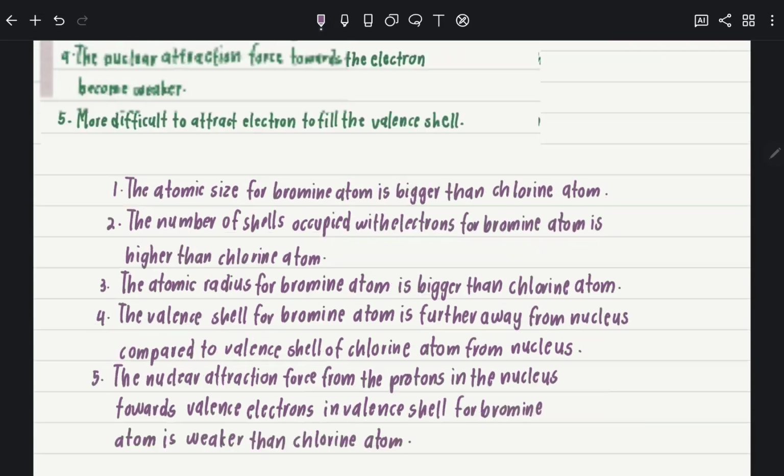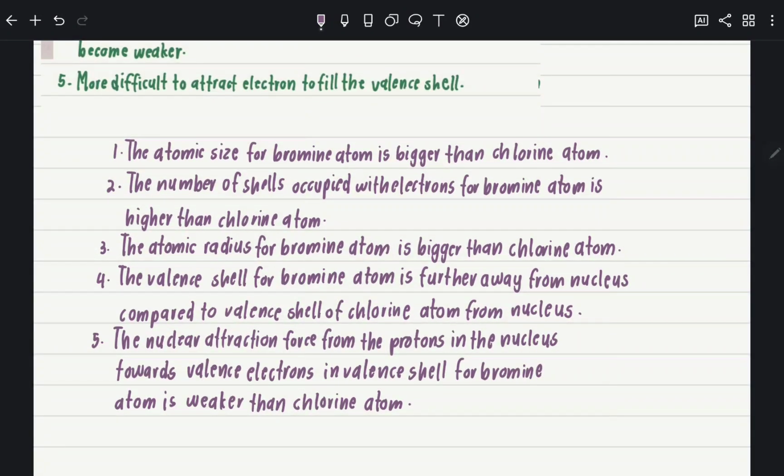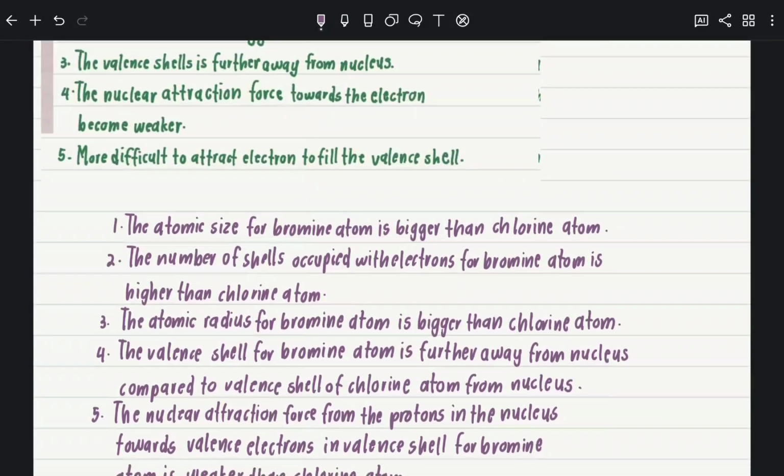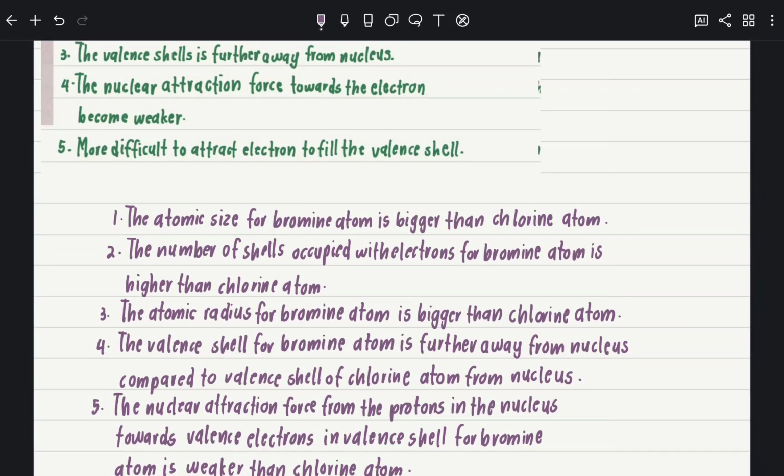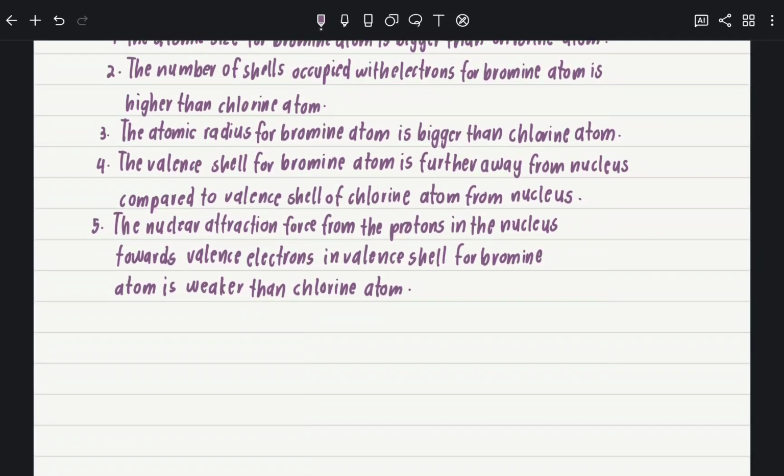Then chlorine atom. Okay, so after that, now the nuclear attraction force is weak for bromine. So do you think it can easily attract electrons to fill the valence shell or not? For sure cannot.